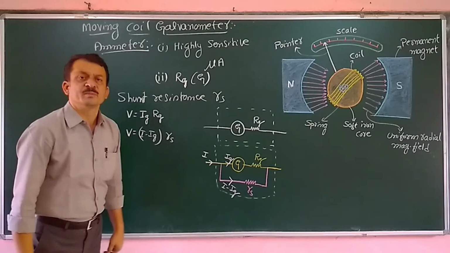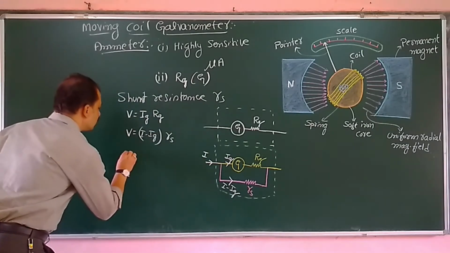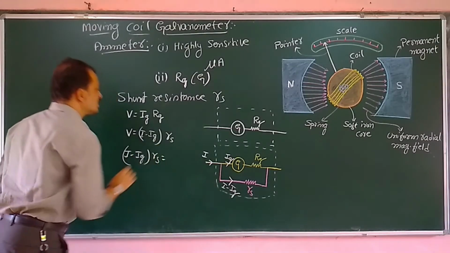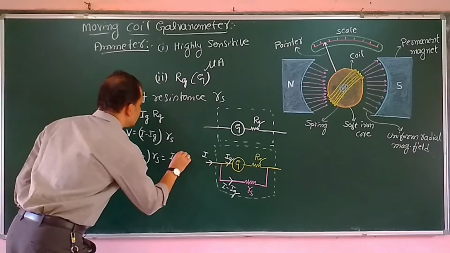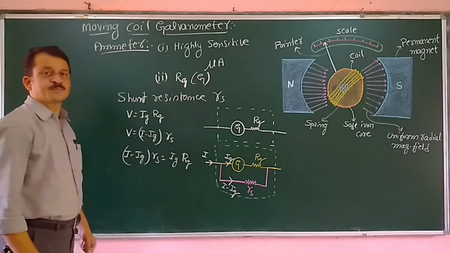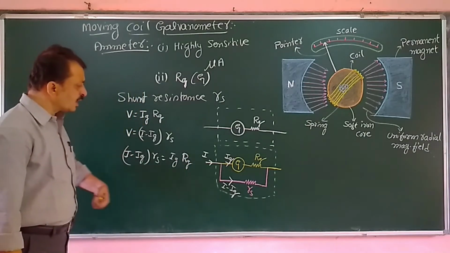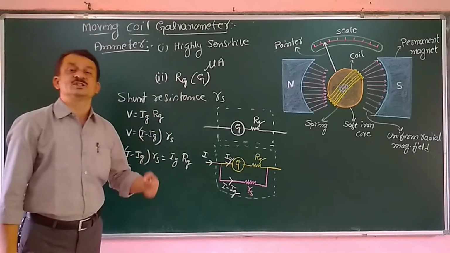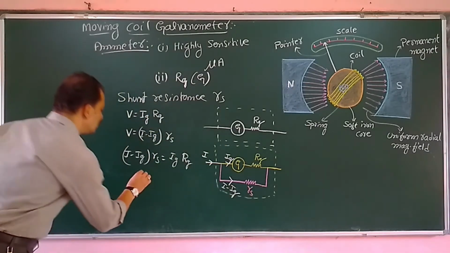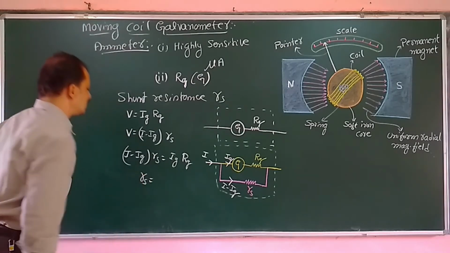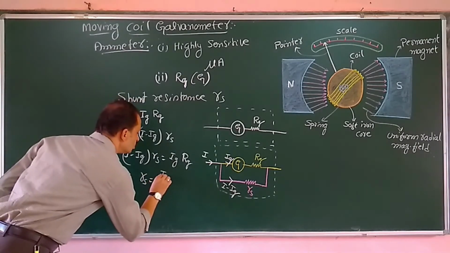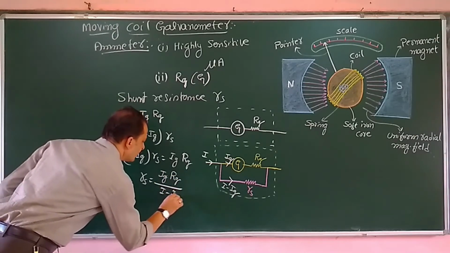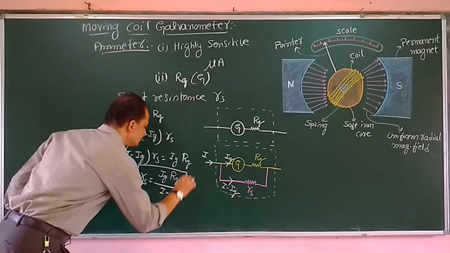Since they are in parallel, those two are equal. Therefore, I minus Ig into Rs is equal to Ig into Rg. Now the expression for Rs, the small resistance to be connected in parallel, is worked out using this relation: Rs is equal to Ig into Rg divided by I minus Ig.